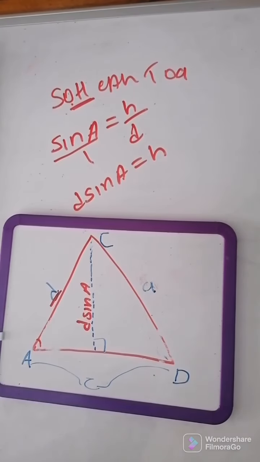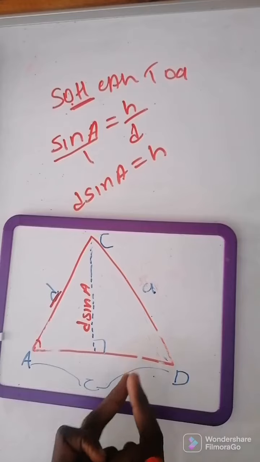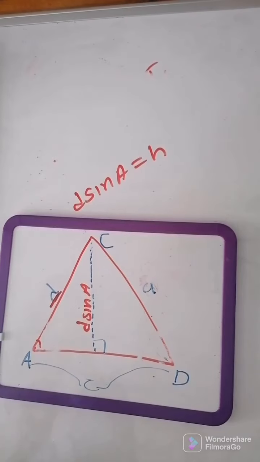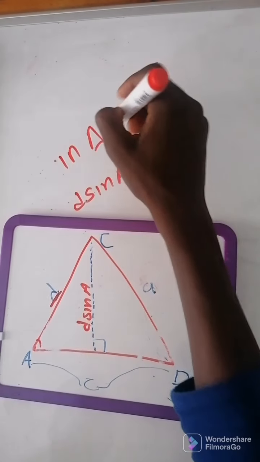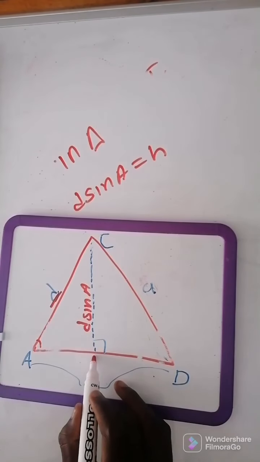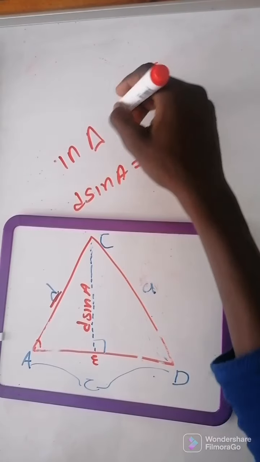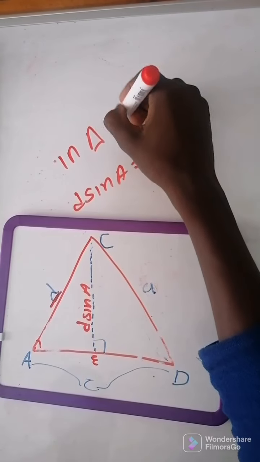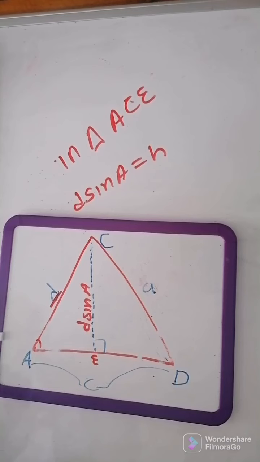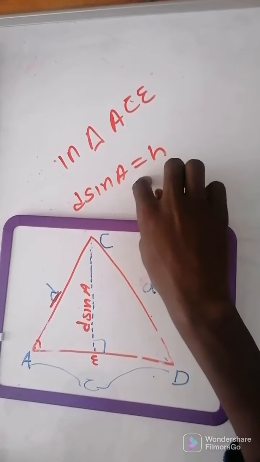Okay. Or guys, how about we use this other triangle? You can use which triangle? This one, right? Let's say here, okay, E, let me just say it's E, right? So in triangle ACE, we have H equals d sin A, right?